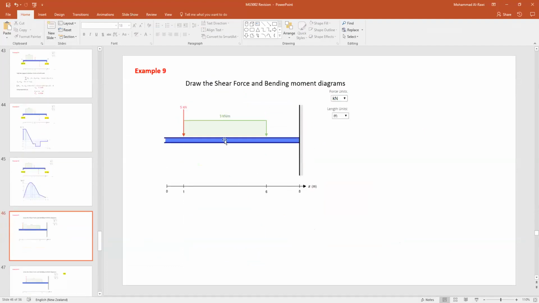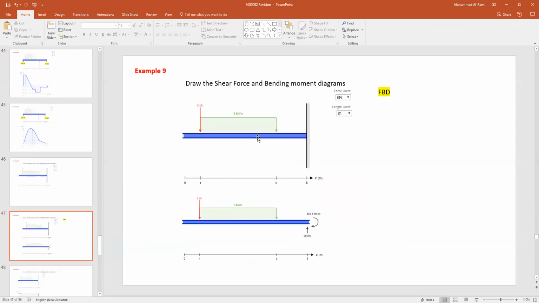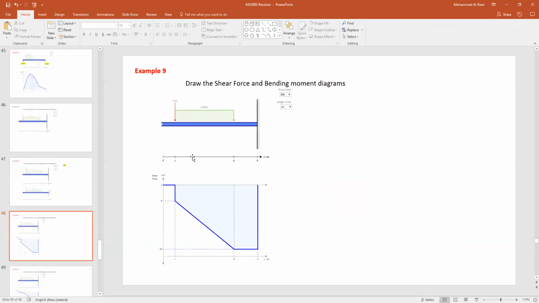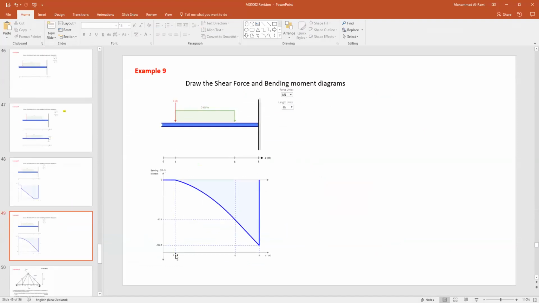I have another example for a cantilever: draw the shear force and bending moment diagrams, and how you convert the cantilever to a moment and support reaction. You find the values, the shear force diagram, and then the bending moment diagram. Always try to solve them by yourself, and then you can compare the results.